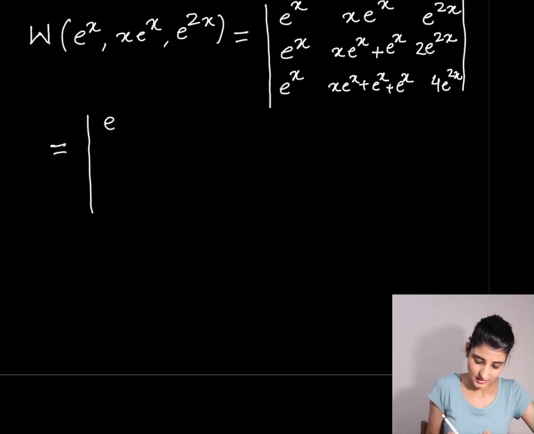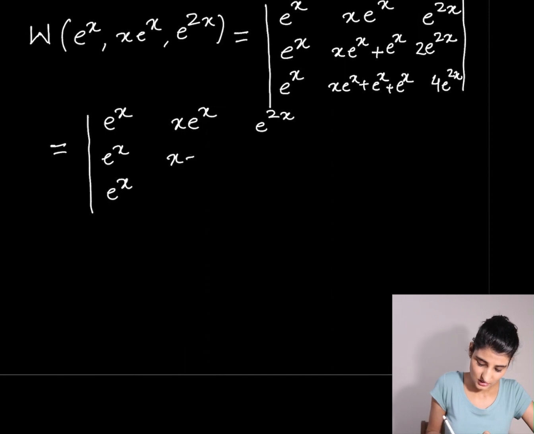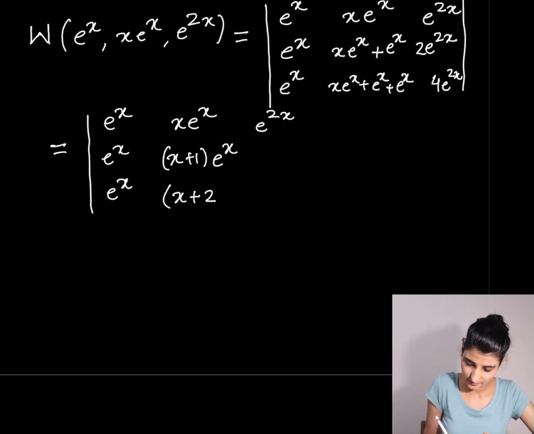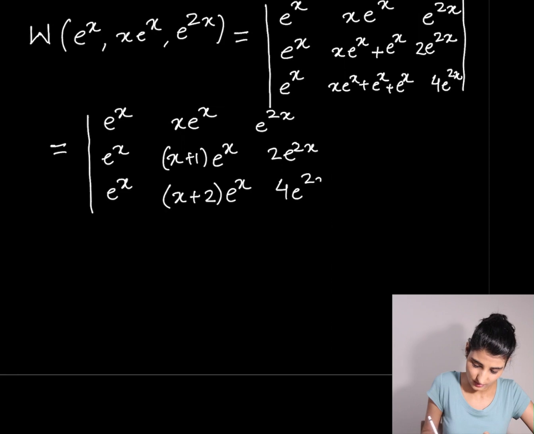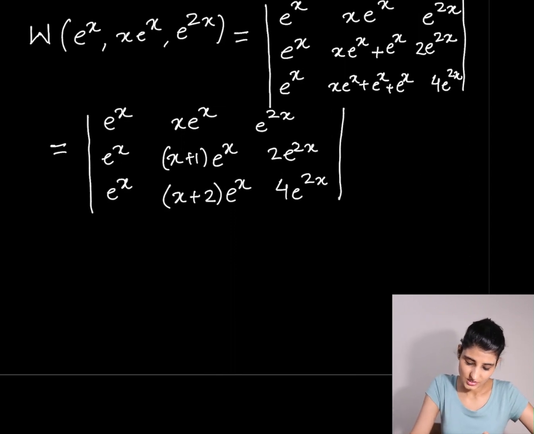So what we got is, in the first row, e power x, x times e power x, e power 2x. The second row has e power x, x plus 1 e power x, 2 times e power 2x. The third row has e power x, x plus 2 e power x, 4 times e power 2x. Okay, so this is the determinant we want to find out.